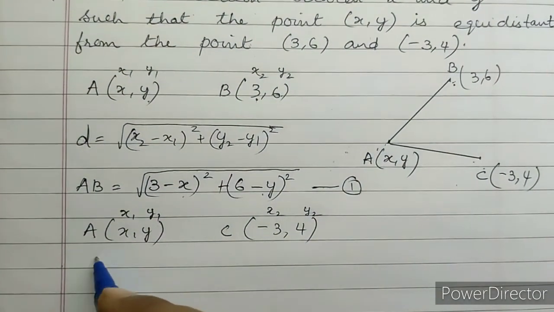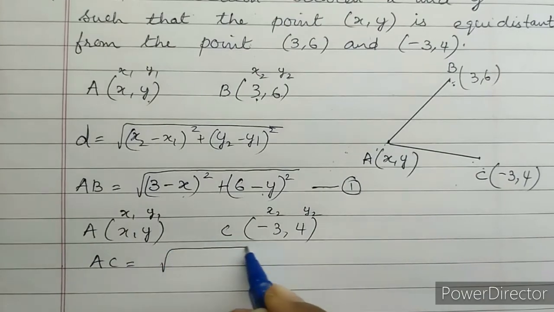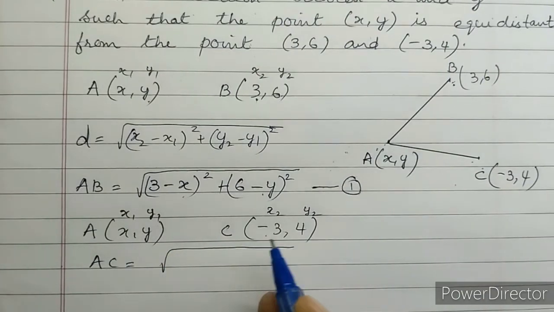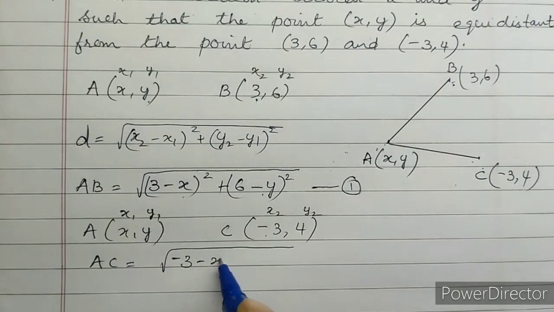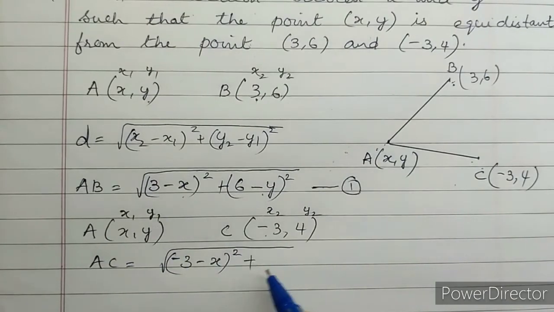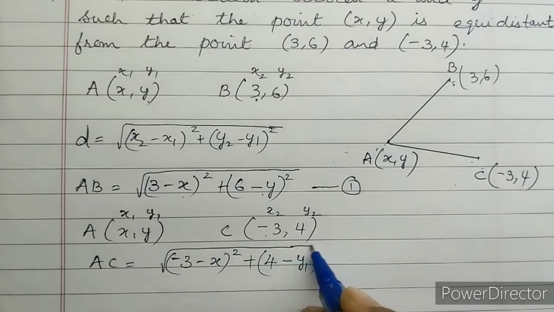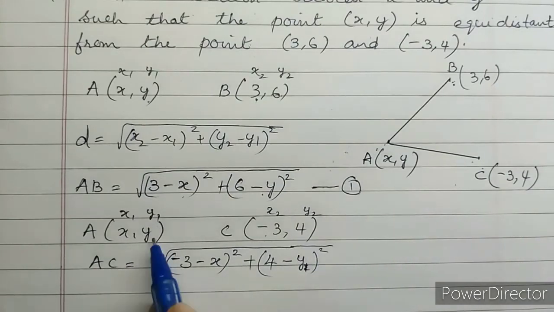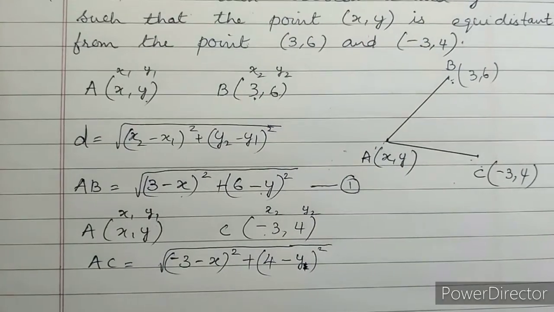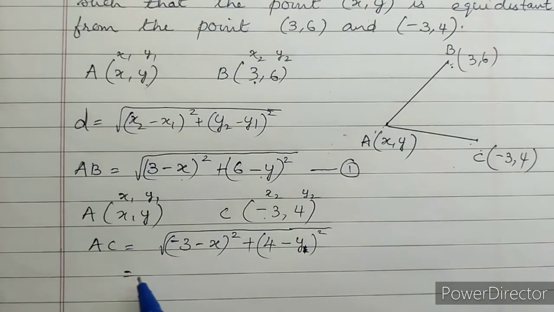So distance formula AC equals square root of x2 minus x1, minus 3 minus x the whole square plus y2 minus y1 the whole square. No y1 here, y only. So 4 minus y the whole square, that is equal to, here also you can't find anything because x and y value is unknown.